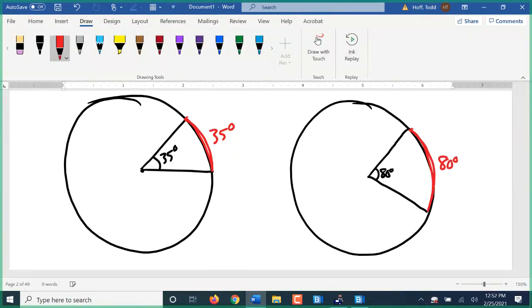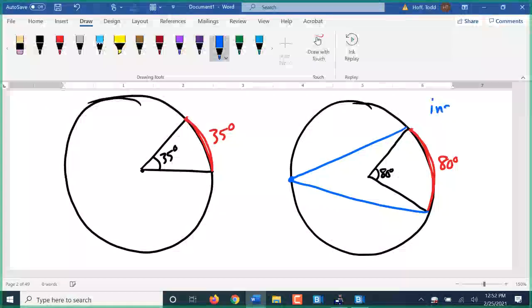Again, as always, that central angle and that intercepted arc have the same degree measurement. But there's something called an inscribed angle. An inscribed angle, if you remember Tuesday, has its vertex on the circle. Instead of at the center of the circle, it's on the circle itself.